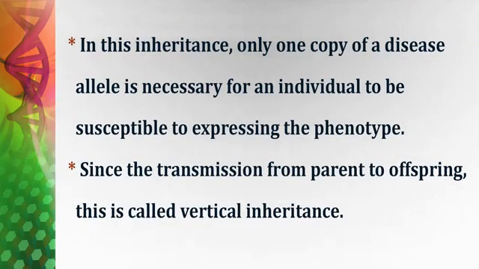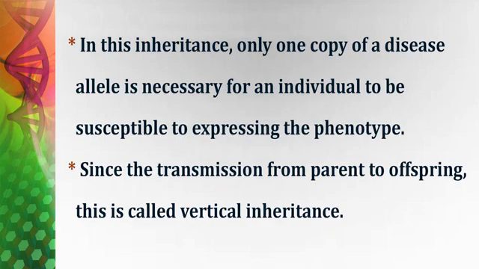Further, it can be classified into two types: autosomal dominant inheritance and autosomal recessive inheritance. Let us understand the patterns of autosomal dominant inheritance. In this inheritance, only one copy of a disease allele is necessary for an individual to be susceptible to expressing the phenotype.